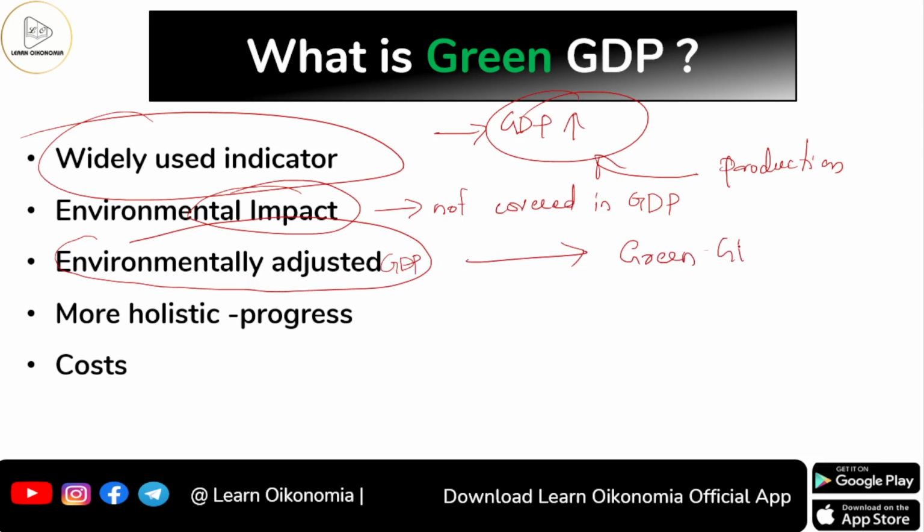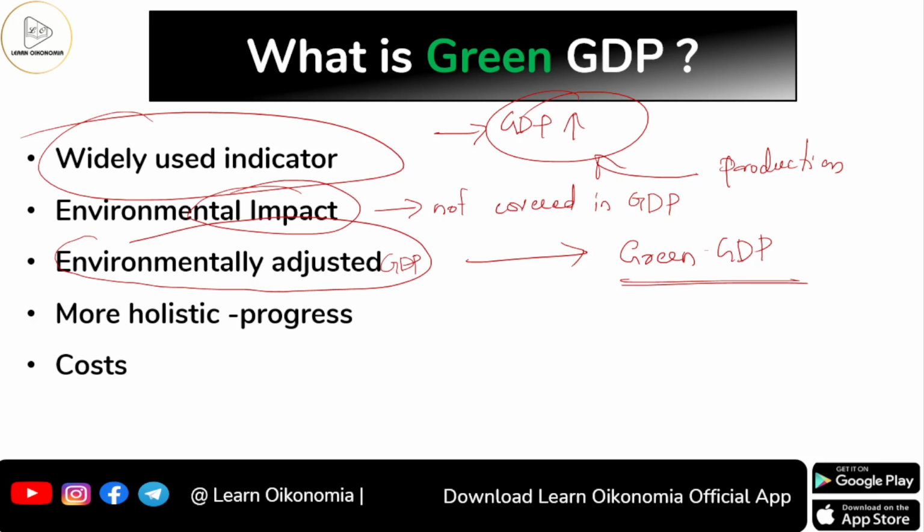So now you might have understood the difference between the normal traditional GDP and the green GDP. Normal traditional GDP is just a metric, just a number that deals with how much production is happening in the economy. This is what our traditional GDP looks at. But green GDP also takes into consideration, whenever we go for production, what it impacts on the environment.